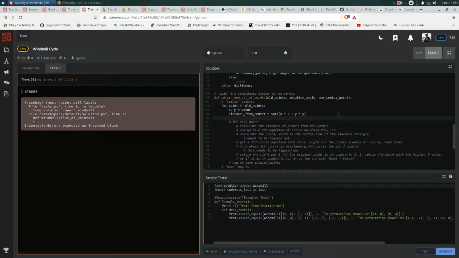So here we just say print for point the distance from center is distance from center.